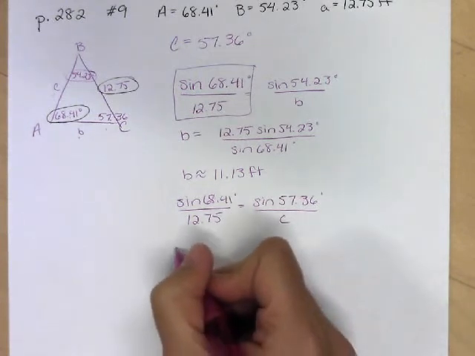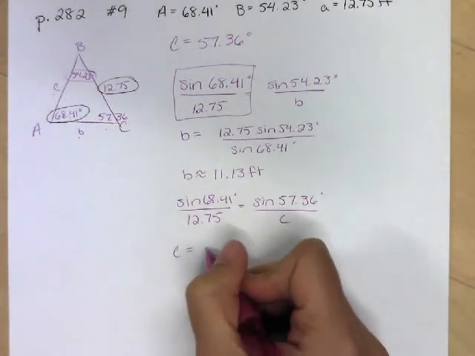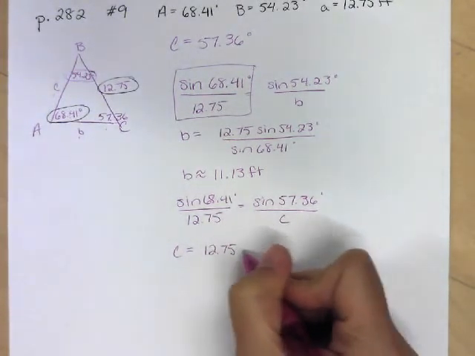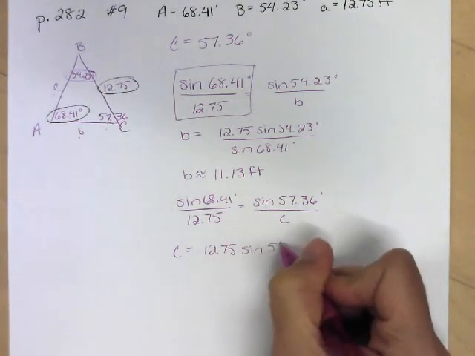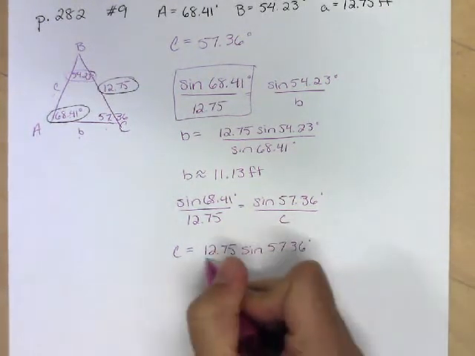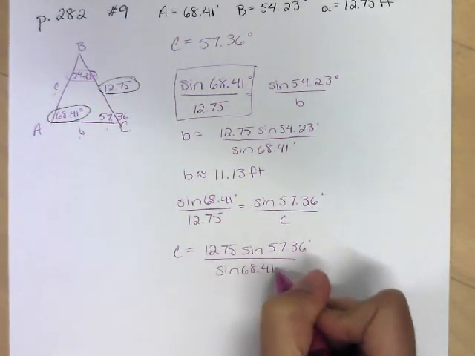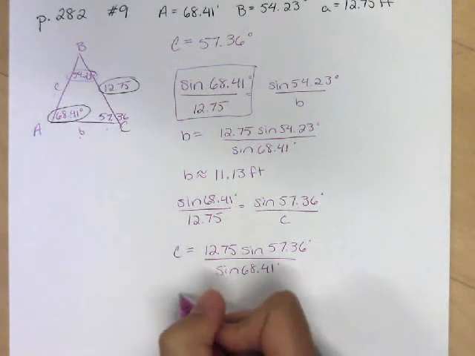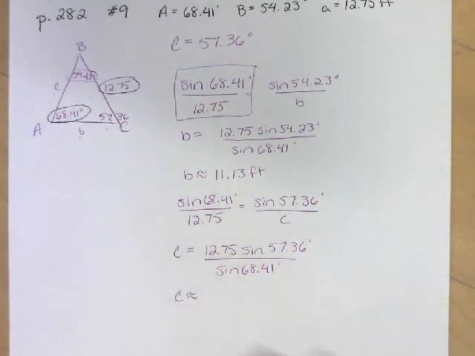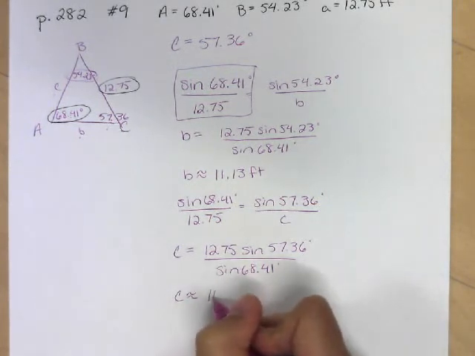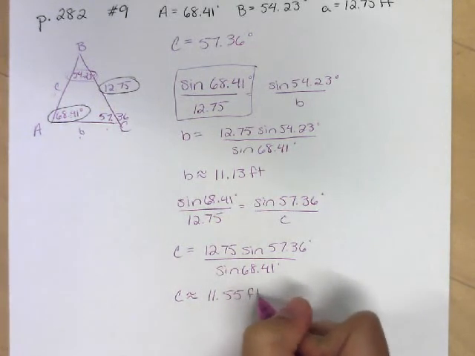Then to solve, C equals 12.75 sine 57.36 degrees divided by sine of 68.41 degrees. Punching that into the calculator, side C equals 11.55 feet.